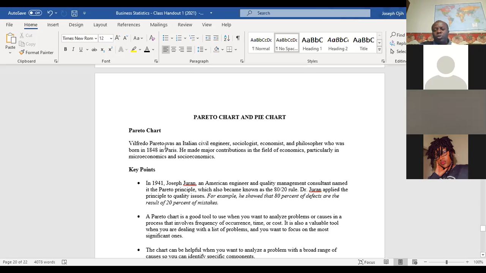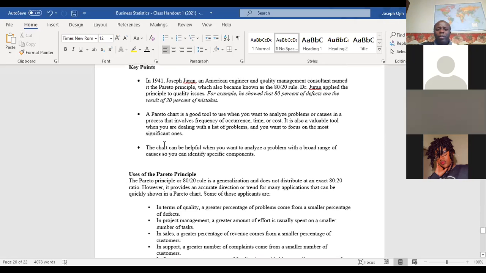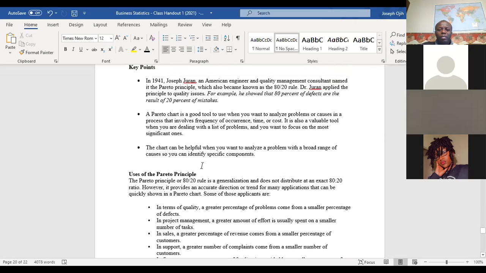The chart is called Pareto chart because of the person that developed it. Wilfredo Pareto was an Italian engineer in the 19th century. There's something we call the Pareto principle, or the 80/20 rule, which is a form of generalization: 80% of all the problems or defects are caused by only 20% of mistakes.